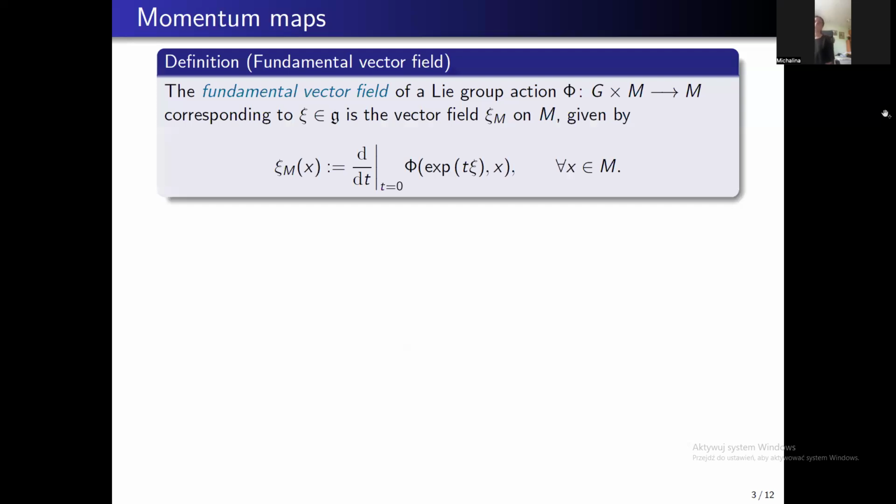Suppose that we have a Lie group action on a smooth manifold. Then the fundamental vector field corresponding to some Lie algebra element will be the vector field on our manifold M, given by the following condition for each point on this manifold.